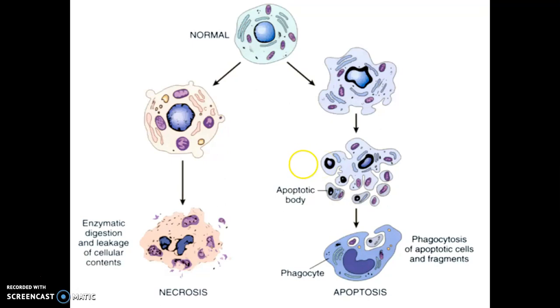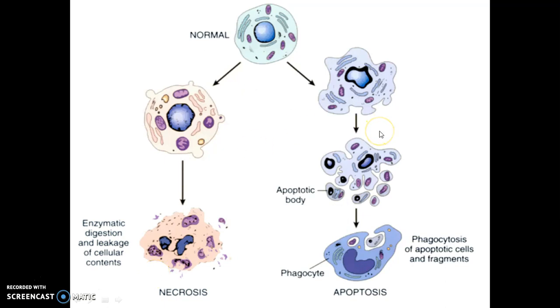What happens in necrosis? Necrosis is characterized by loss of membrane integrity. There is enzymatic digestion of the cell, there is leakage of cellular contents, and frequently a host reaction, and there is surrounding inflammation.